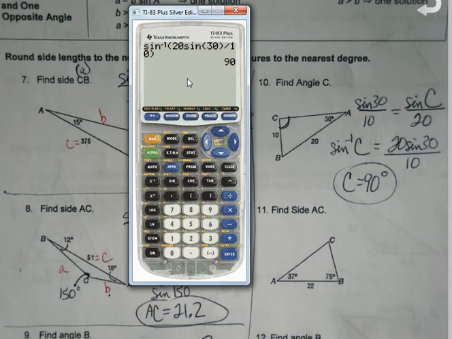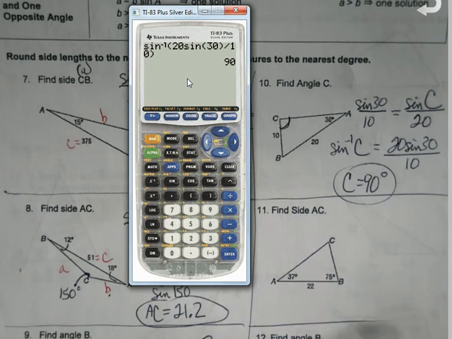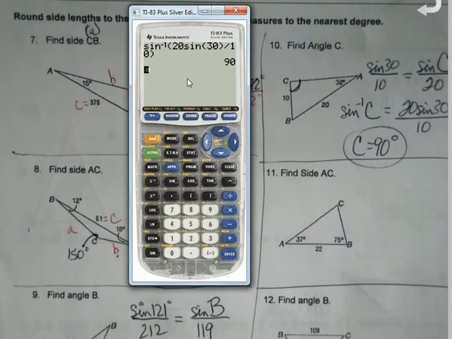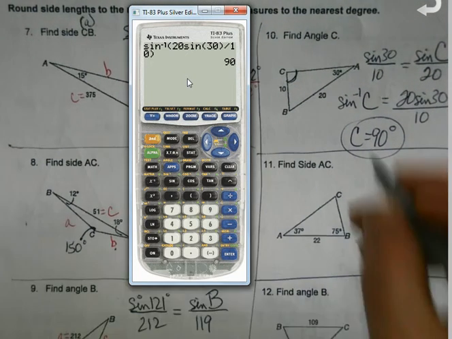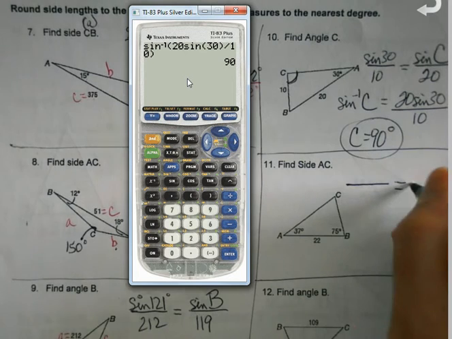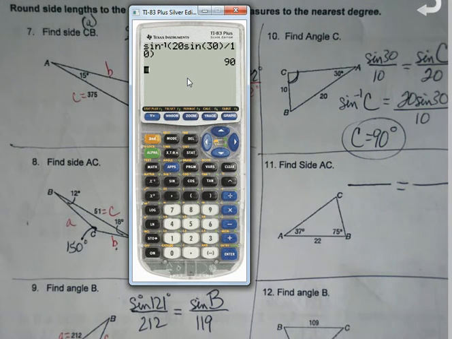Sometimes seeing two signs in the same problem confuses people. But if it doesn't with you, type it all in one big swoop, get your answer out. You'll be fine. Otherwise, those are all going to run the same way. Make sure you get that corresponding side and angle. One more. Number 11. What's my first fraction going to look like?